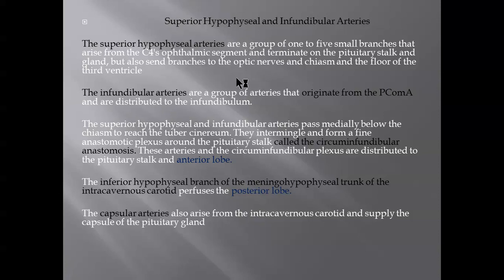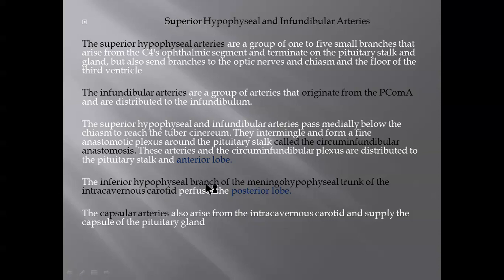Now there are infundibular arteries also. The infundibular arteries, sorry, would give rise to arteries which supply the stalk, and therefore the superior hypophyseal arteries and the infundibular arteries together form the circuminfundibular anastomosis complex of these plexus, which would supply the anterior lobe.